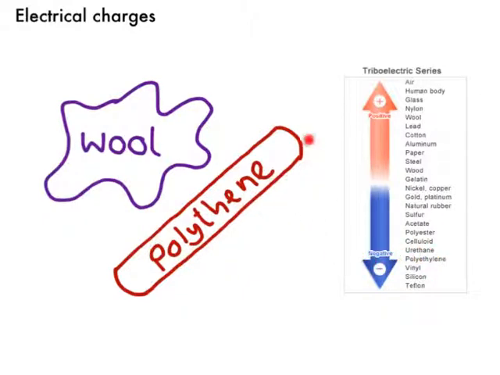So because the polythene has gained negative electrons, it's going to become negatively charged, because it's gaining the negatively charged electrons. Because the wool is losing the negatively charged electrons, it starts to become positively charged. So you can see that these two insulators are becoming charged just by rubbing them together and transferring electrons between the two.